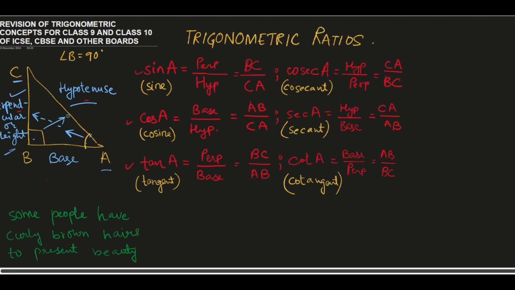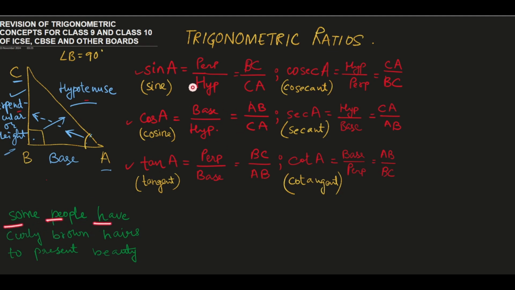Now, what is this funny thing? I'm just marking, and once I mark, everything will be clear. Let me highlight. Are you able to see this? The first letters: S, P, and H. S stands for sine, P stands for perpendicular, and H stands for hypotenuse.